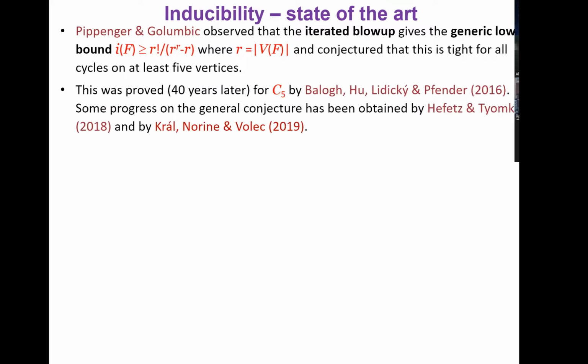And it took 40 years. This was one of the great successes of flag algebra, to get an exact result proving this conjecture for the first case, for C5. So indeed, this iterated blow-up is the best that you can do for C5. This is the first case of the Pippenger-Golumbic conjecture. And we don't know for C6 yet.